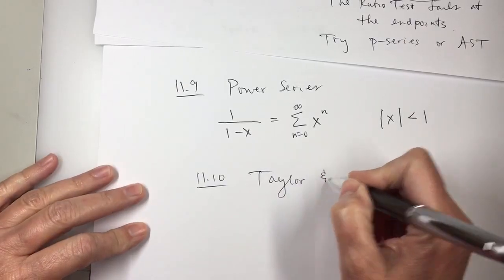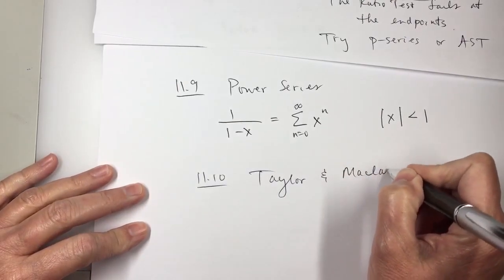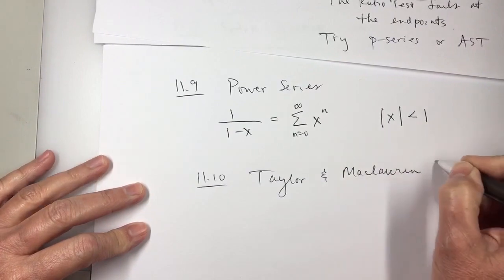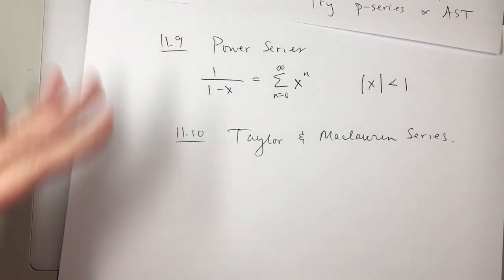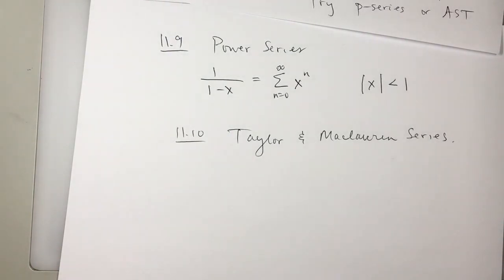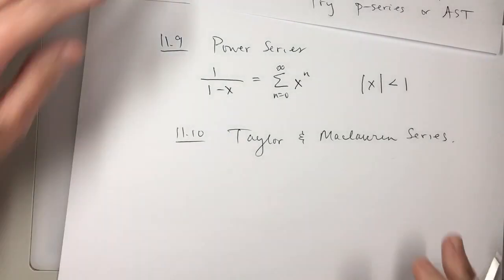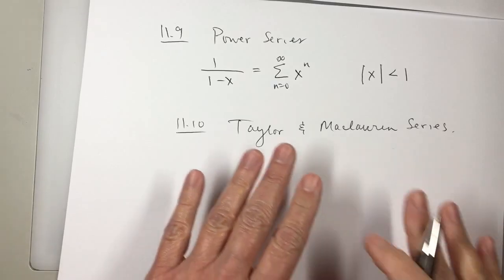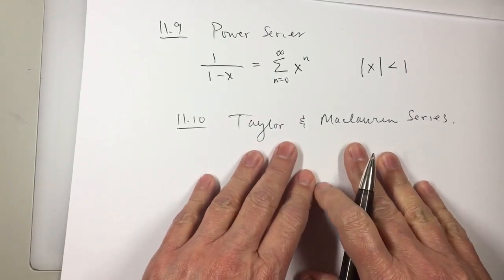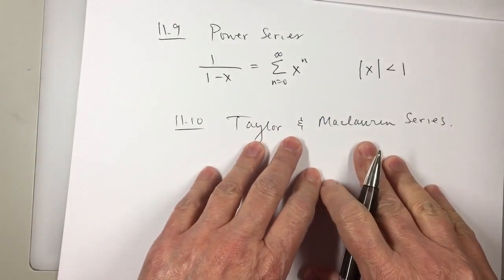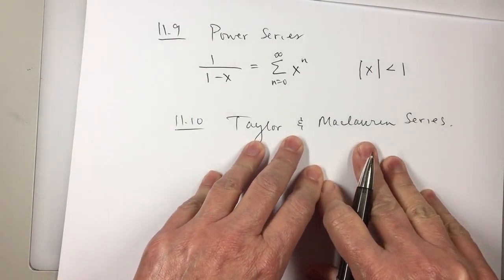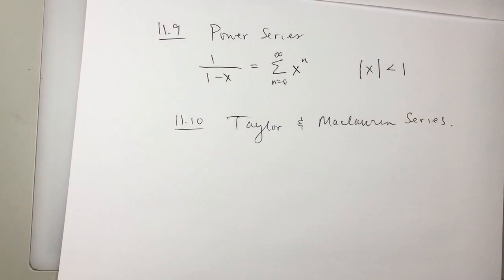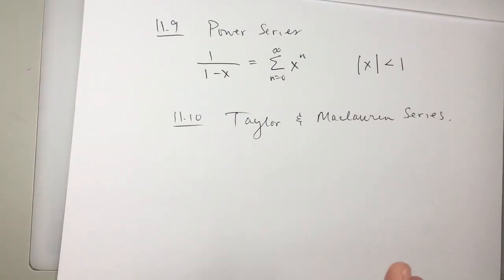Taylor and Maclaurin. A Maclaurin series is a Taylor series. It's just what? A equals 0. So there's a formula for this. You need to be able to work problems with that formula, Taylor series and Maclaurin series. If I give you a problem, find the Taylor series, find the Maclaurin series, whatever we ask for.